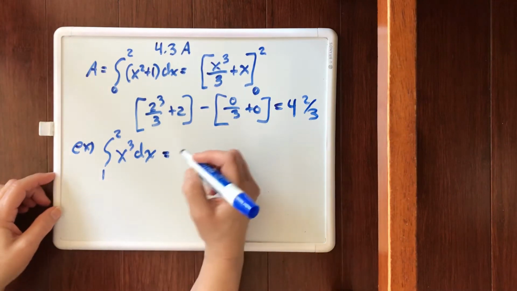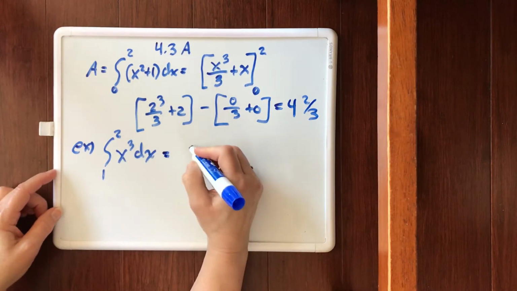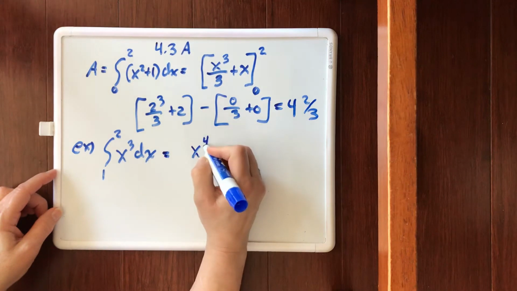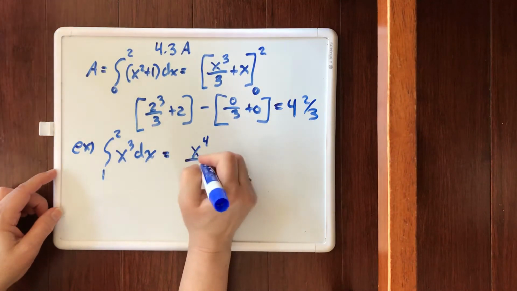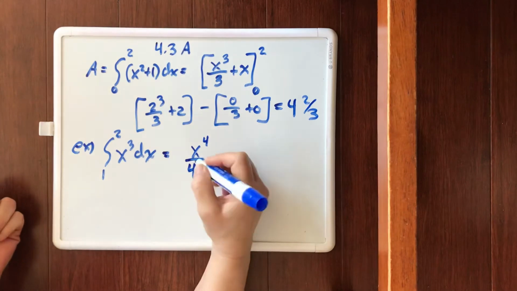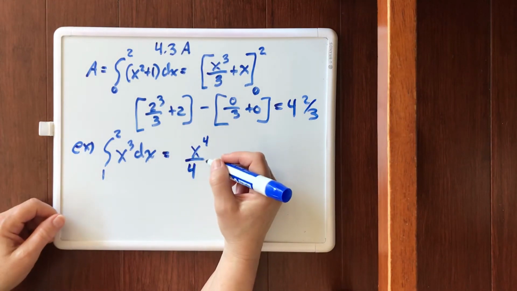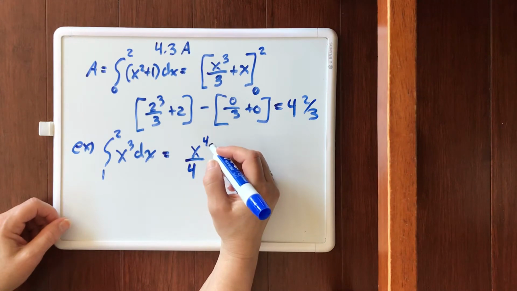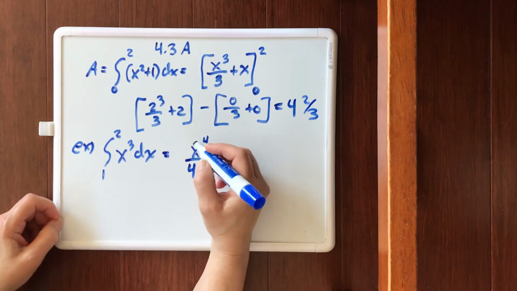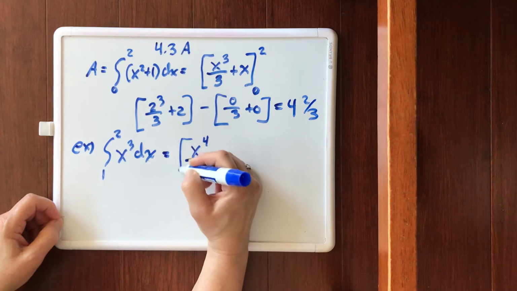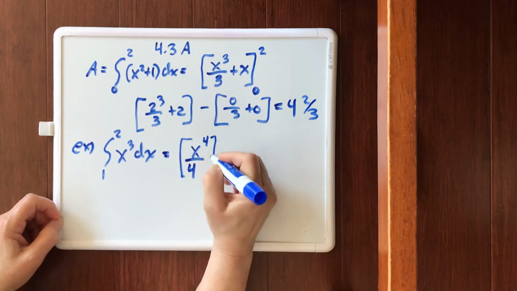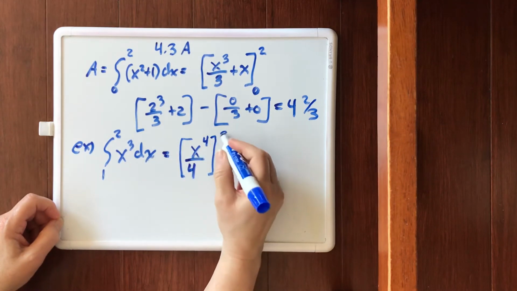Okay, so what we do is we integrate x cubed. We add 1 to the 3 and get 4. And we're going to divide. Actually, we're multiplying by the reciprocal, which is the same thing, dividing by 4. Okay, and then what are we going to do with that? We're going to do that from 1 to 2.